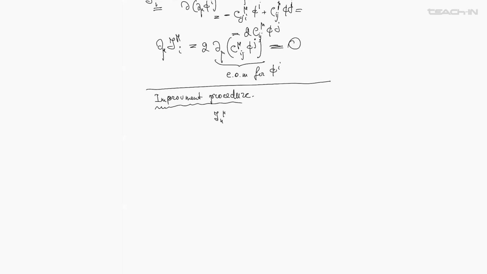Of course, as we have seen, the Noether theorem gives us a very concrete expression for this current, and in a way this current is called canonical. But it turns out that you can change this current by adding to it the so-called improvement term.